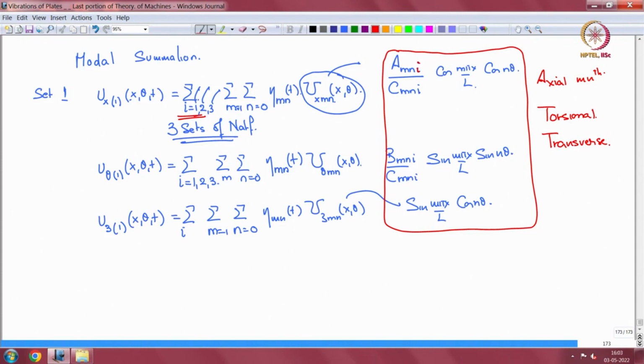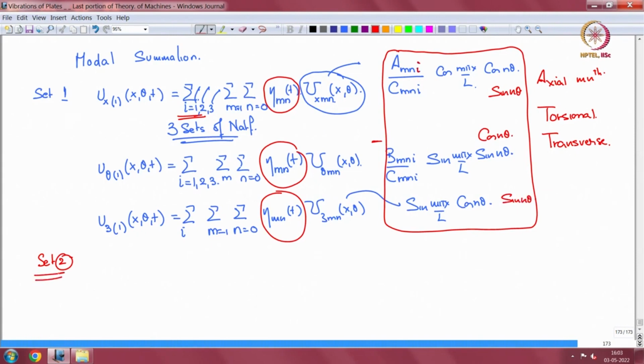Okay. So because this is one mode, therefore the same modal participation factor. So now if I do set 2, then this will be sin(n theta), this will be minus into minus cos(n theta), and this will be sin(n theta). That will be set 2, the rest will remain the same.